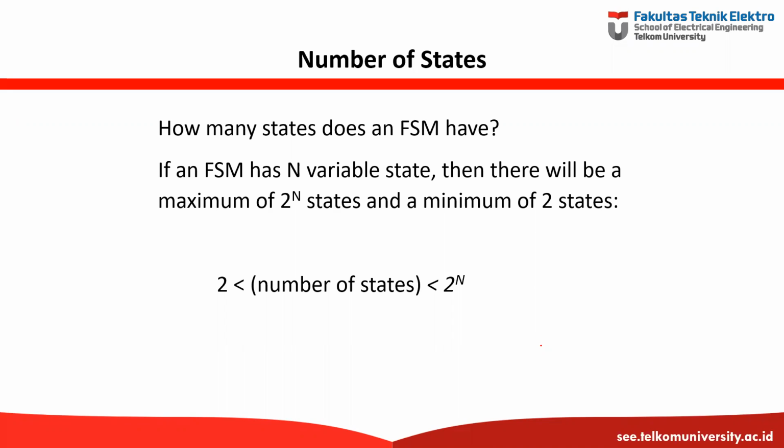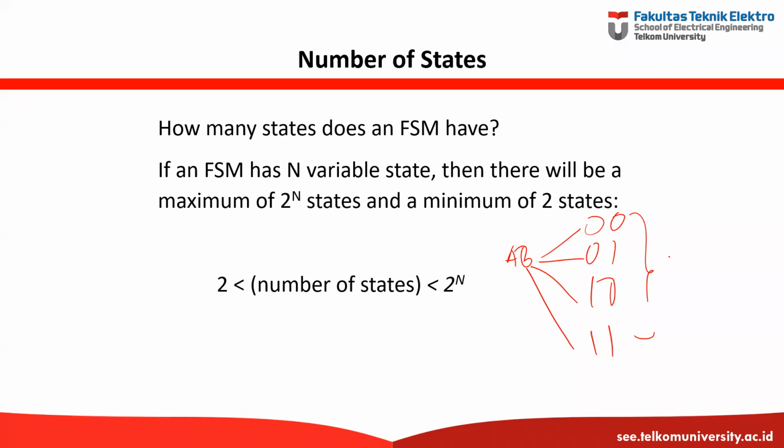So, let's say I have a state diagram, or a finished state machine that has 3 states. That means I'm going to need 2 variable states, because using 2 variable states, let's say A and B, it can have 0 0, 0 1, 1 0, and also 1 1.